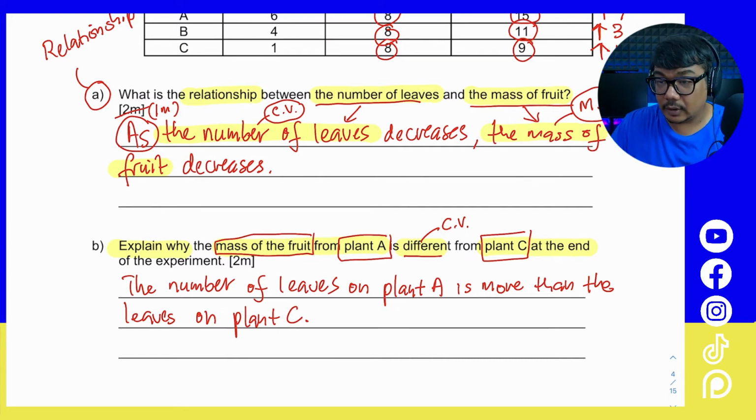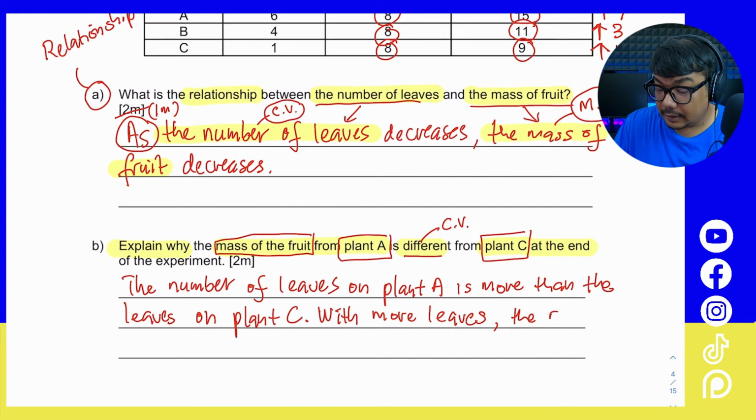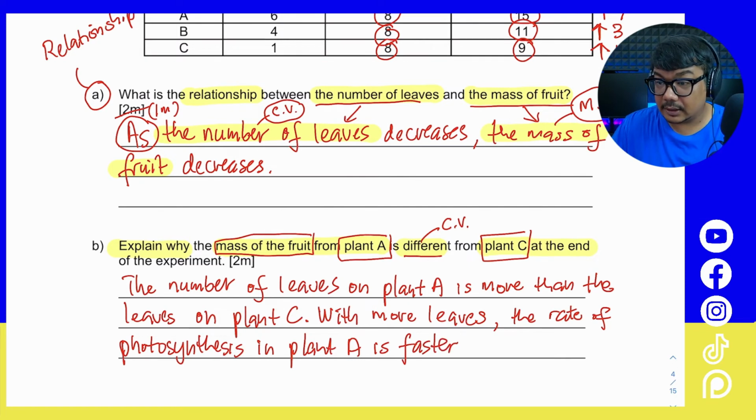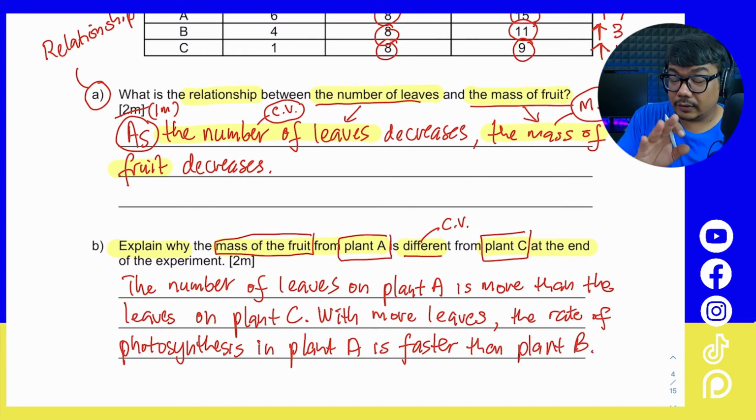And then what does this mean? It means that with more leaves, the rate of photosynthesis in plant A is faster than plant B. So what happens when the rate is faster?